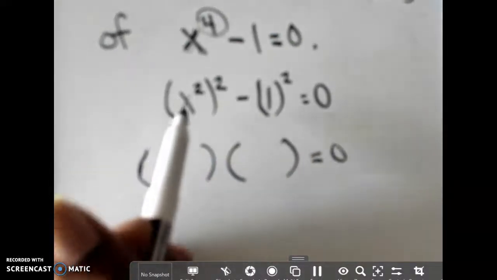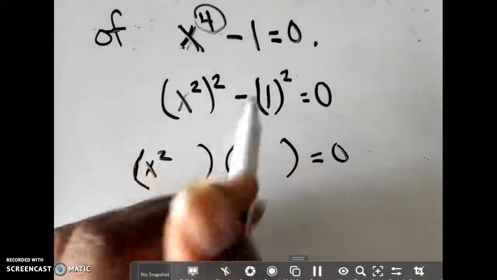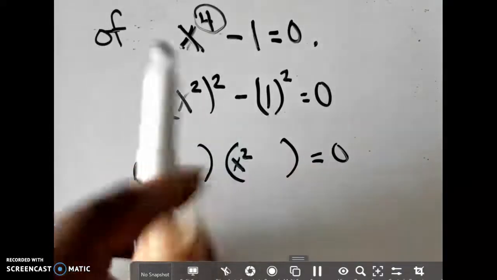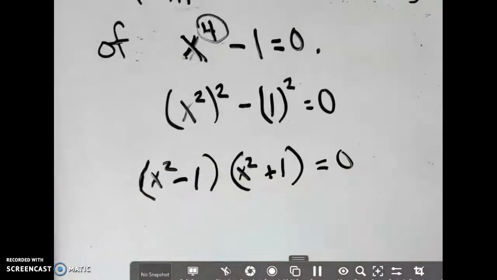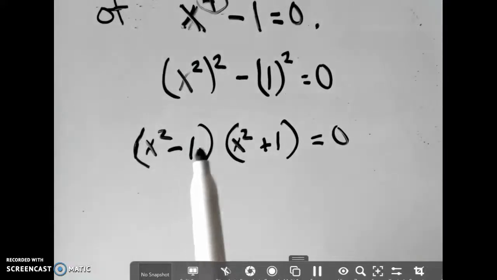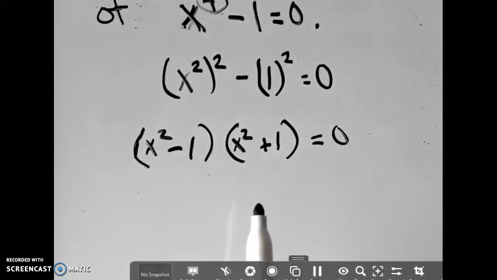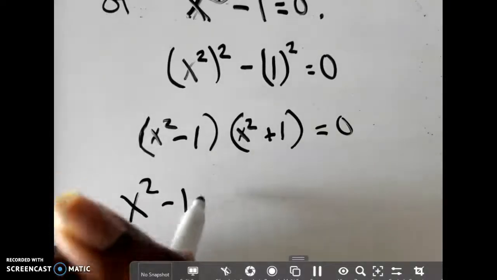So our first term, our a, so to speak, is our x squared. And then our second term, our b, so to speak, is 1. Remember, one is positive and the other is negative. Feel free to pause here and FOIL to check the work here that you're going to get x to the 4th minus 1. Alright, next we can set each of these factors equal to 0 separately.